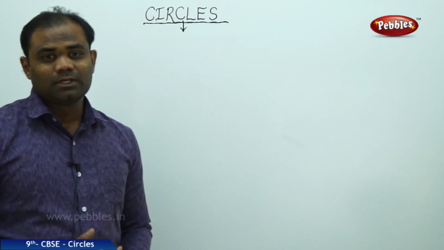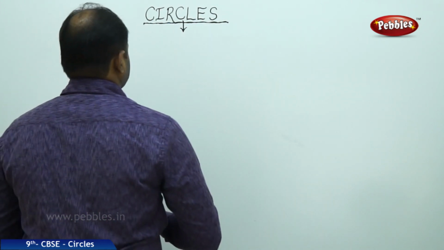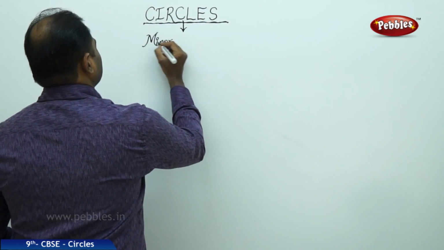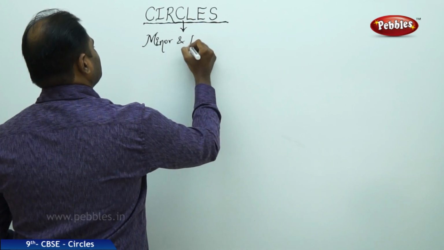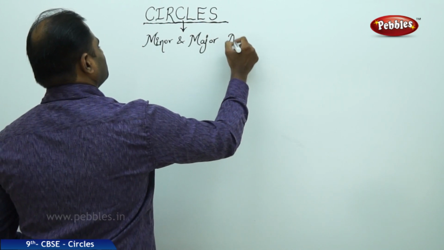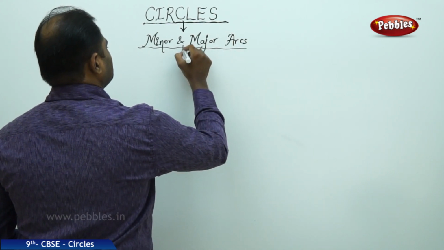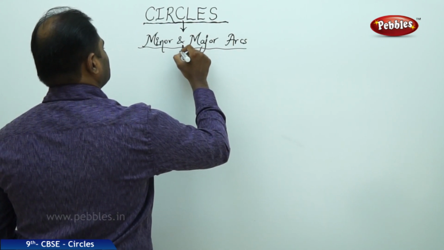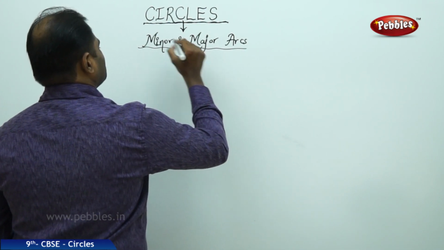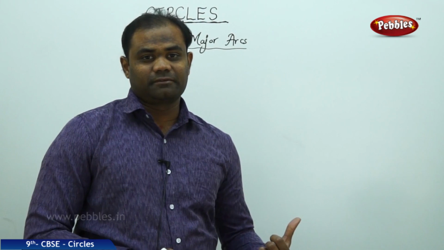This session is about major and minor arcs for a circle. Minor and major arcs. So let's see the definition in brief.